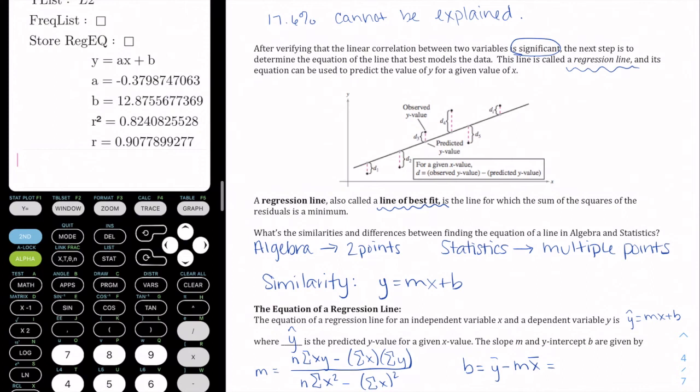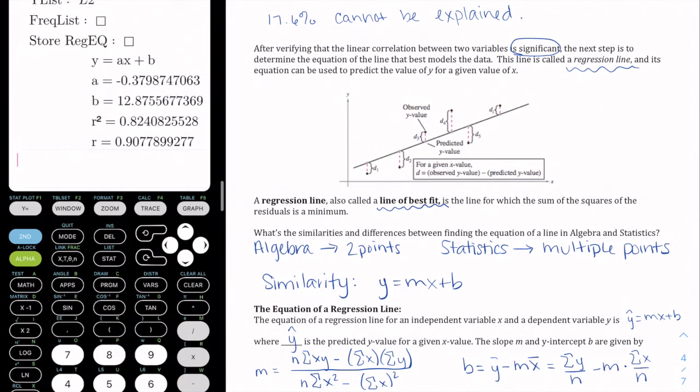So remember, x bar is just our mean, and y bar is the mean as well, so the summation of y divided by n minus m times the summation of x divided by n. Okay, so again, where y bar is the mean of the y values in the data set and x bar is the mean of the x values, this regression line will always go through the ordered pair x bar, y bar.